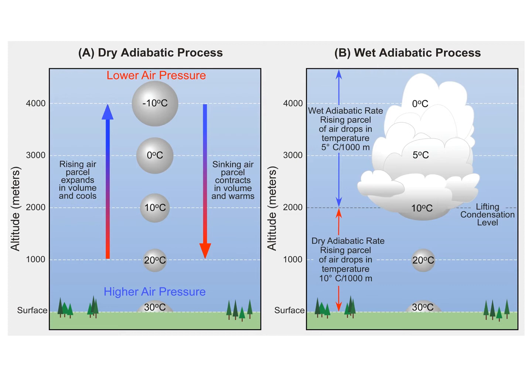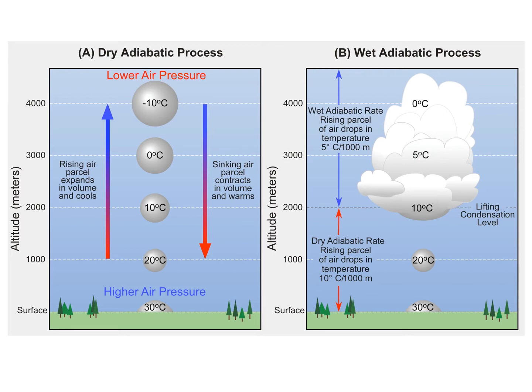If it starts increasing in altitude at 1,000 meters, it'll have a temperature of 20 degrees, 2,000 meters, 10 degrees, 3,000 meters, 0 degrees, and at 4,000 meters, the temperature inside the parcel of air will be minus 10 degrees Celsius.